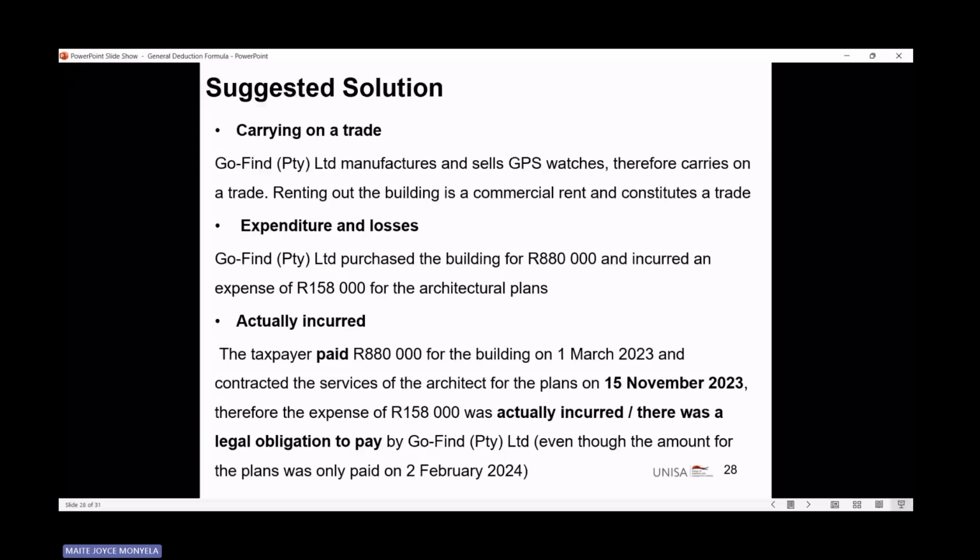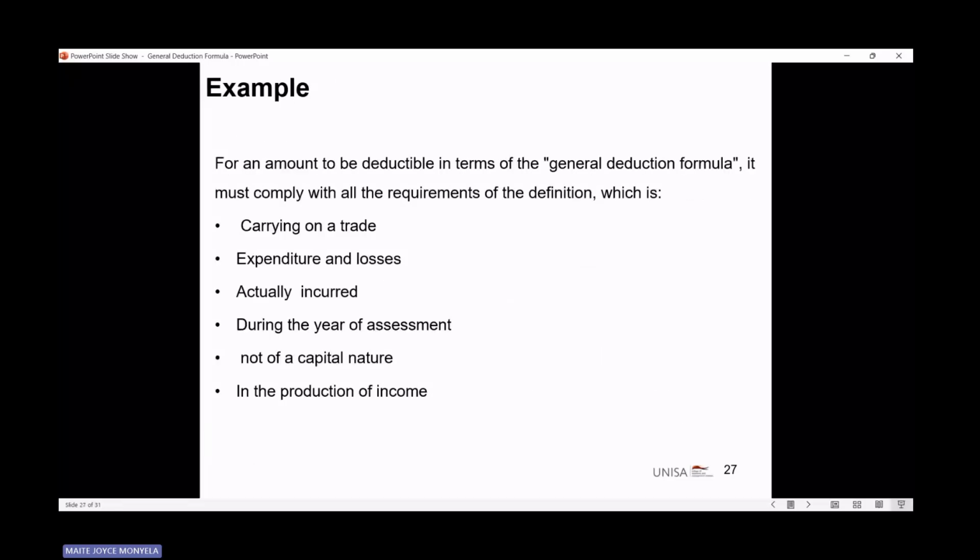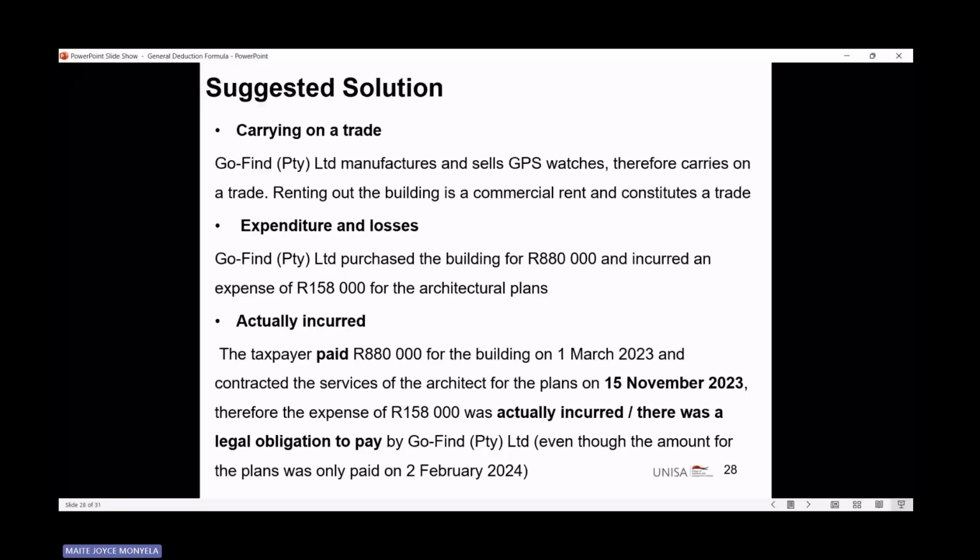Actually incurred. Is this actually incurred? Remember, we list the definition. After listing the definition, we discuss each element of the definition and we apply it to the question. That is how we apply the question to an answer. So remember, you must say section 11A.